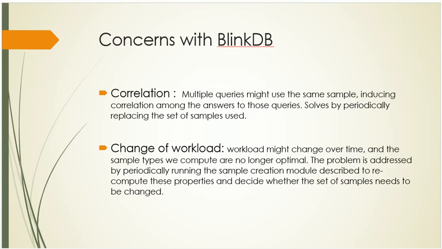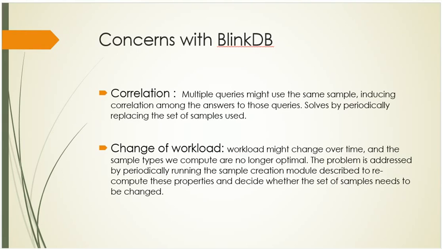BlinkDB runs a low priority background task which periodically samples from the original data, creating new samples which are then used by the system. An additional concern is that the workload might change over time and the sample types we compute are no longer optimal.